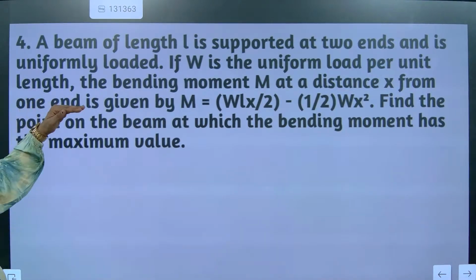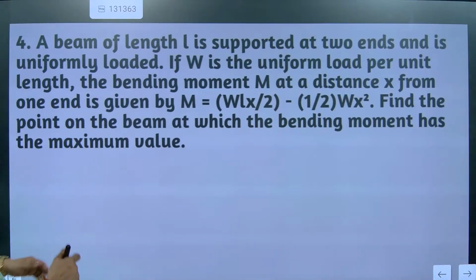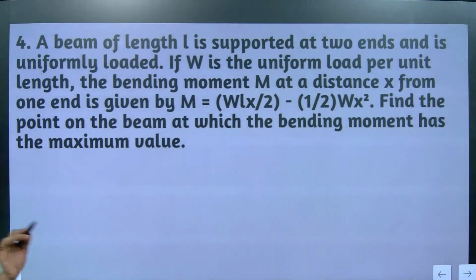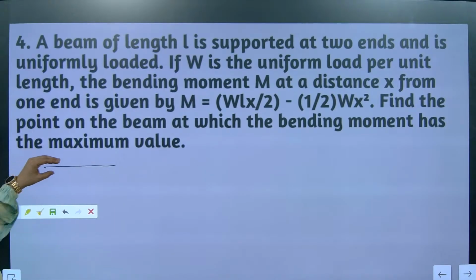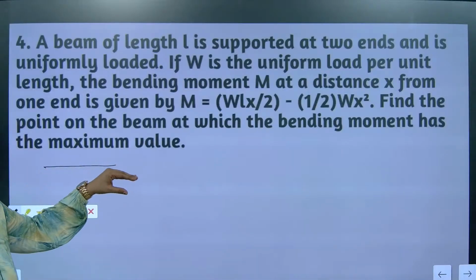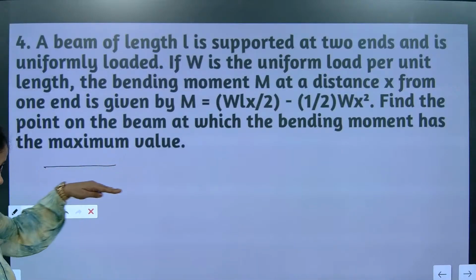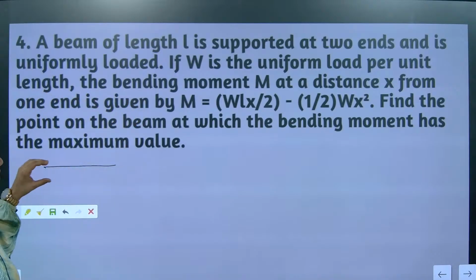See, a beam of length L is supported at two ends. First, we'll understand the question. After that, only we will do anything. Now, this is the beam. Is uniformly loaded means the entire section will have the same load.